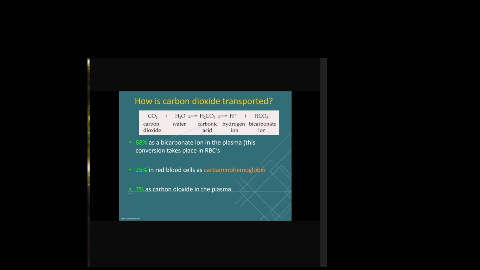I said 68% is bicarbonate ion, which is the way in which carbon dioxide is carried in the plasma. And then 25% of it is carried in red blood cells as carbaminohemoglobin. The 7% is just in the acid form. So you have carbon dioxide in this form or this form or this form.